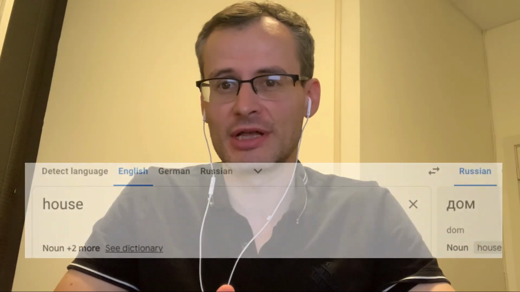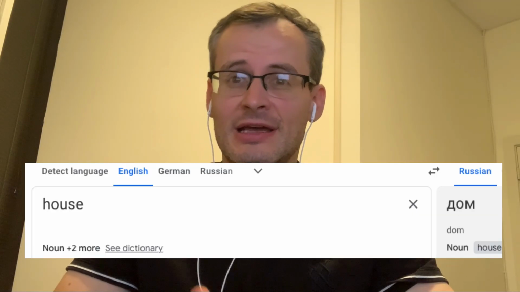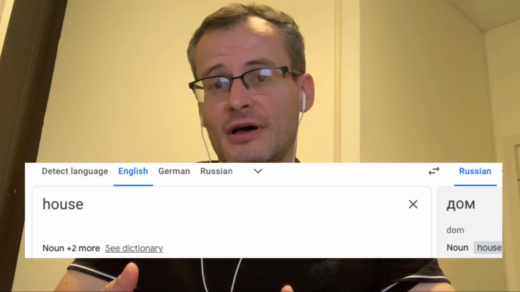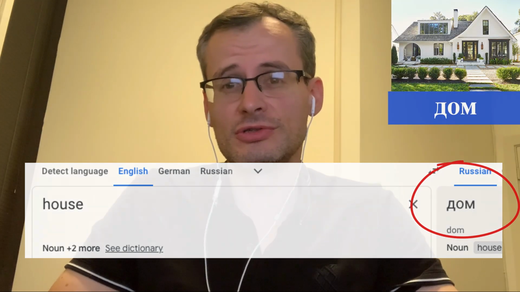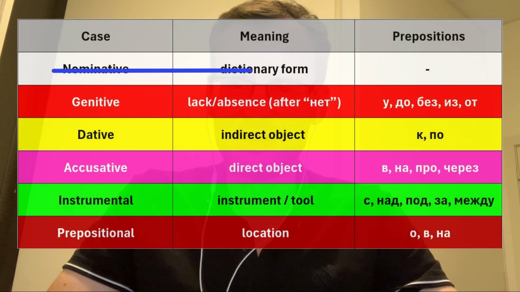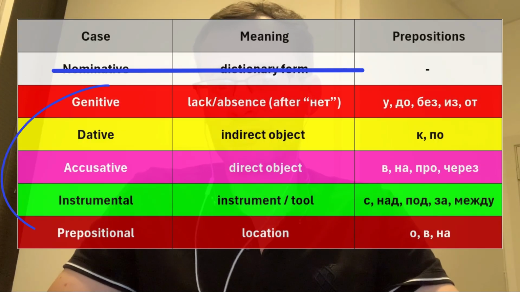So for example, if you look up the word house in a dictionary, or you simply type it in Google Translate, just the word house without any additional context, it will show you its base nominative dictionary form, which is going to be дом. So the good news is that when you start learning Russian cases, and there are six cases, you can pretty much cross the nominative case out, and basically you only have to worry about five.